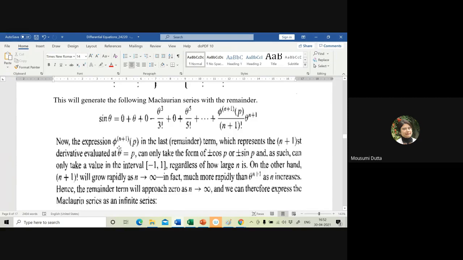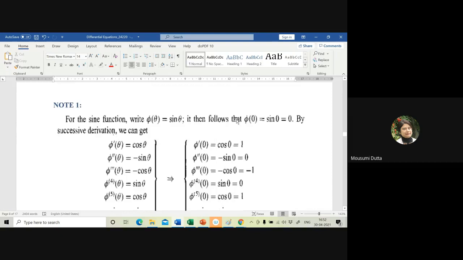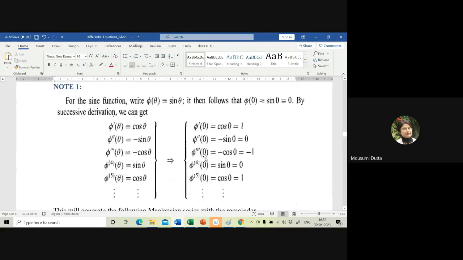This expression phi to the power n plus 1 at p in the last term, which represents the n plus 1th derivative evaluated at theta is equal to p, can only take the form of plus minus cos p or plus minus sin p. Whenever I am taking the derivatives, either I am getting cos or sin.